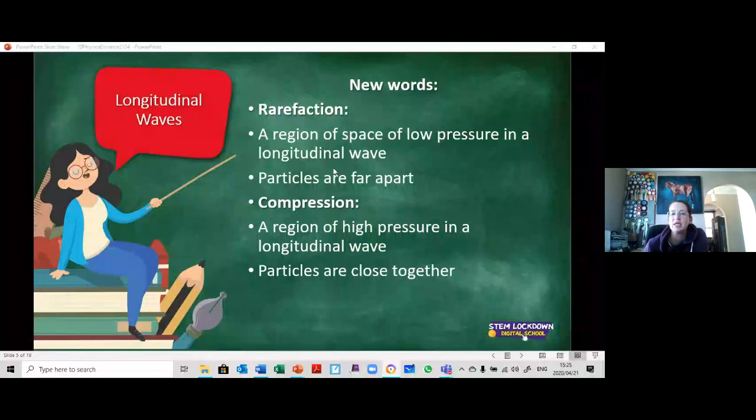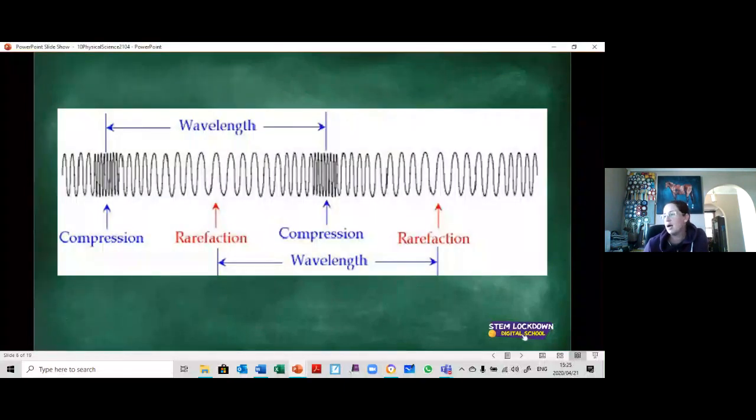Okay, cool, guys. Let's look at what a longitudinal wave looks like. Ta-da! Right, so wavelength is the length between 2 successive compressions, or it is the length between 2 successive rarefactions.